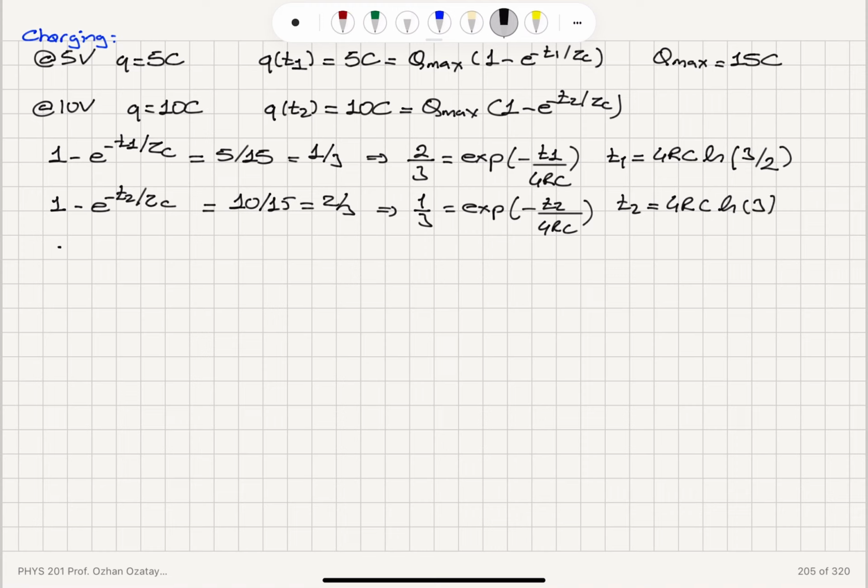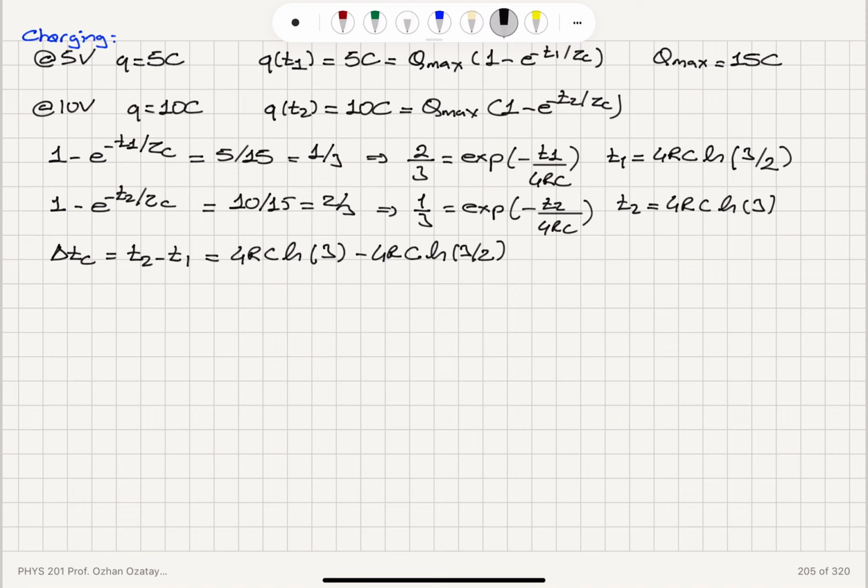The total time that passes during the charging phase is t2 minus t1, which is 4RC natural logarithm 3 minus 4RC natural logarithm 3 over 2.